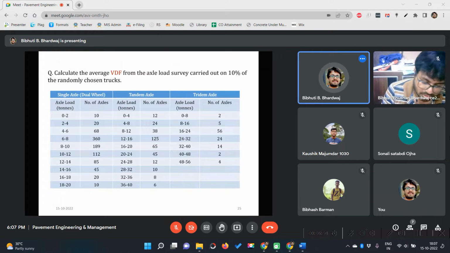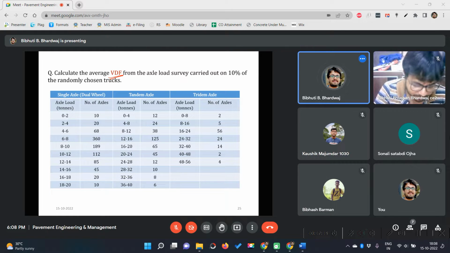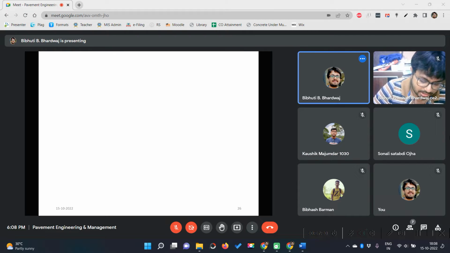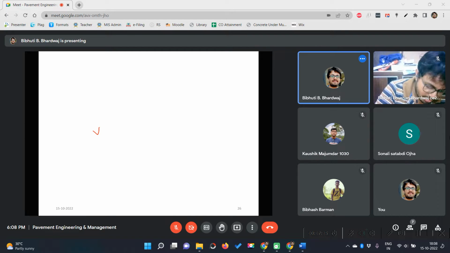And we also solved this numerical, where we found out what is the VDF. And also I told, from GATE point of view, this question is very important. They will give the data in a concise manner, but the concept is otherwise the same. So you calculate it. So what was the value? Kosik, if you remember. Did you solve?